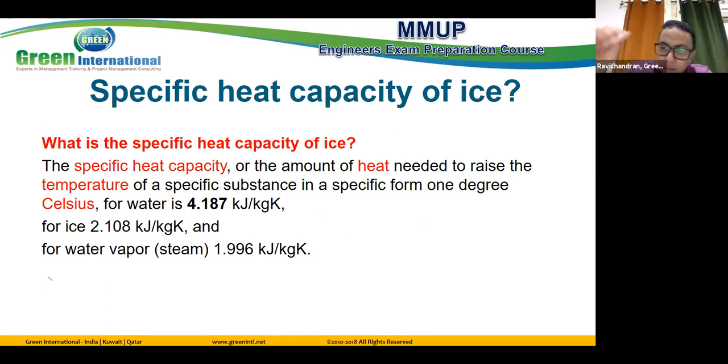These are some values for ice, for water, and so on, water vapor. I made this one bold because this is the important one. For the equation, for example, I think we saw it, I already solved it with you last session, the last problem.